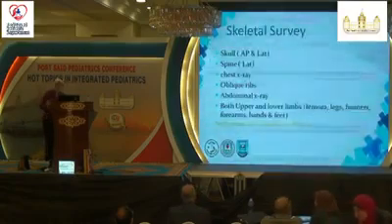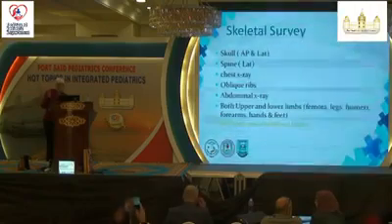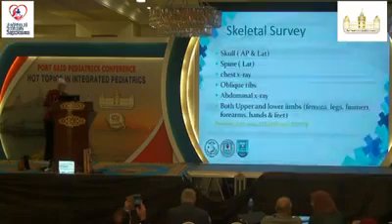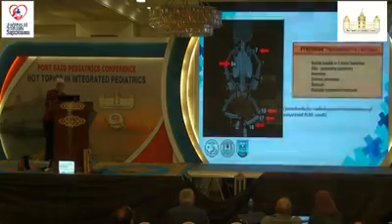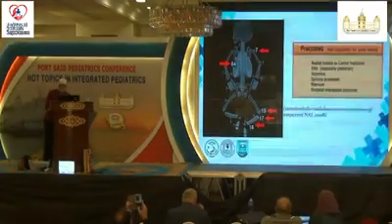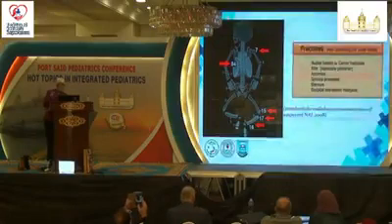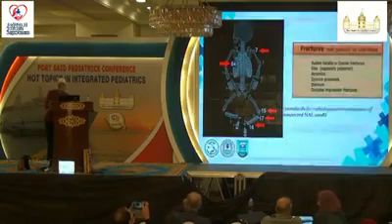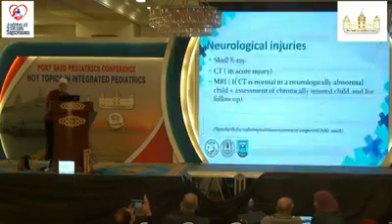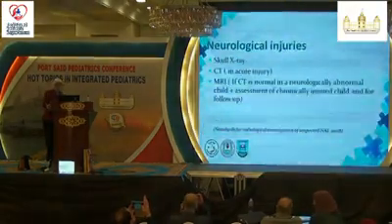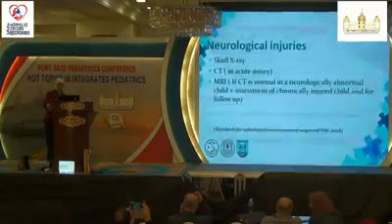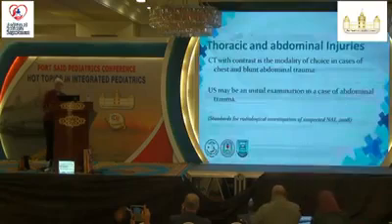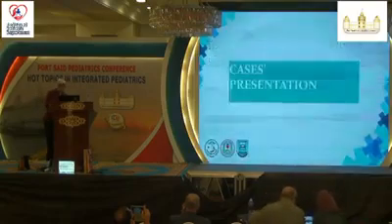Skeletal survey consists of skull, spine, chest, oblique ribs, abdominal X-ray, both upper and lower limbs. Here are the sites of fractures: bucket handle or corner fractures, as I will show you later, ribs, acromion, spinous process, sternum, and occipital impression fractures. In neurological injuries, you should ask for skull X-ray, CT and MRI; for thoracic and abdominal injuries, CT and ultrasound.